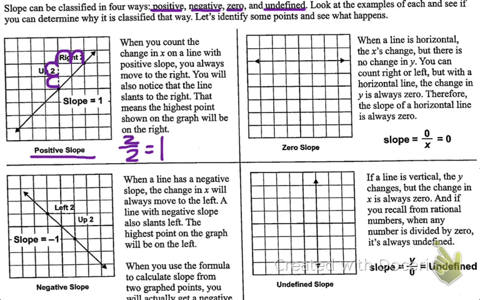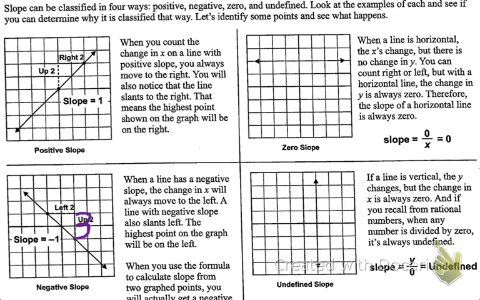Next, let's look at a negative slope. When a line has a negative slope, the change in x will always move to the left. A line with negative slope also slants left. The highest point on the graph will be on the left. When you use the formula to calculate slope from the 2 graph points, you will actually get a negative slope.